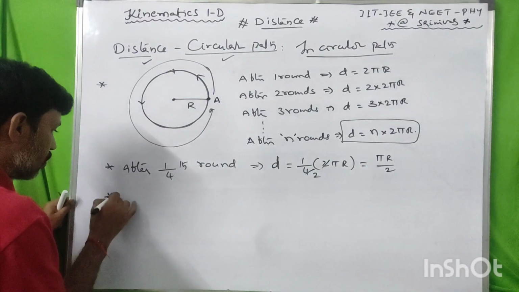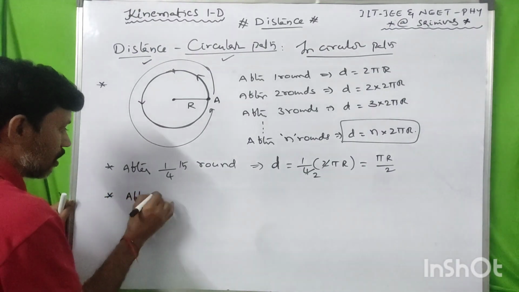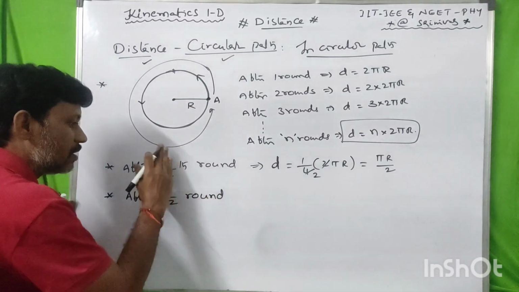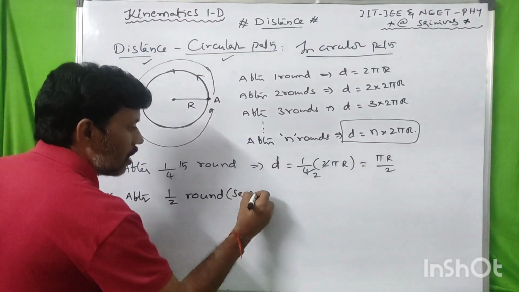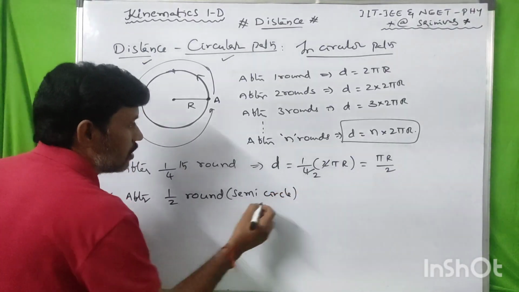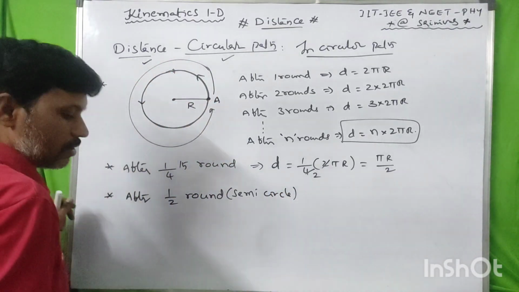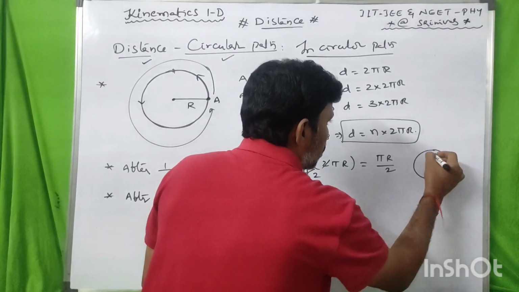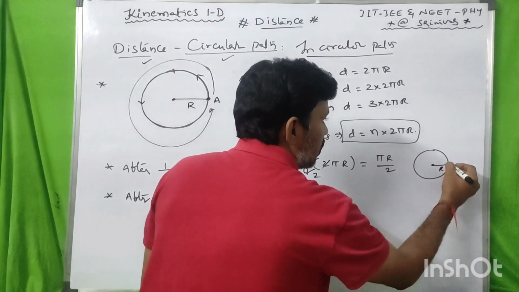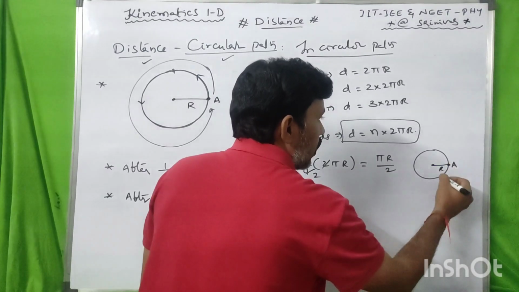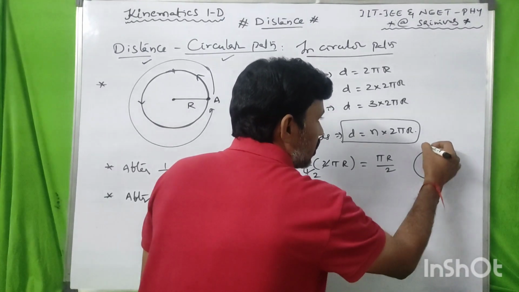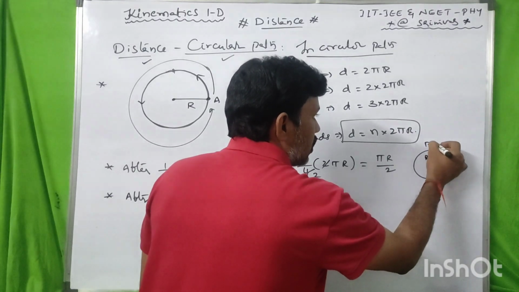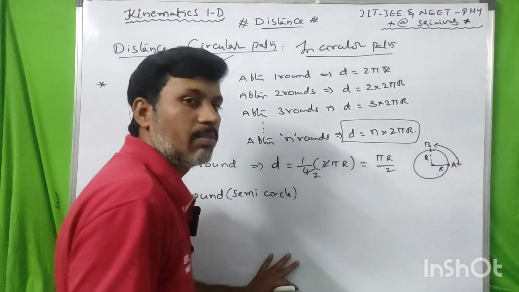Next, after half round, half round means semicircle, half of the circle from here to here. After 1 by 4th round, I am trying to draw the circle, this is the radius, let us take R, and point A to, for example, up to here, let us take it is the point B. The arc length is from here to here, 1 by 4th round.